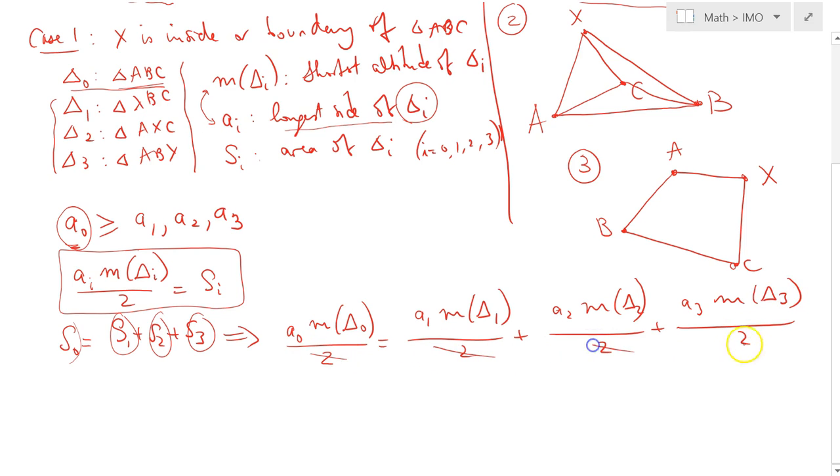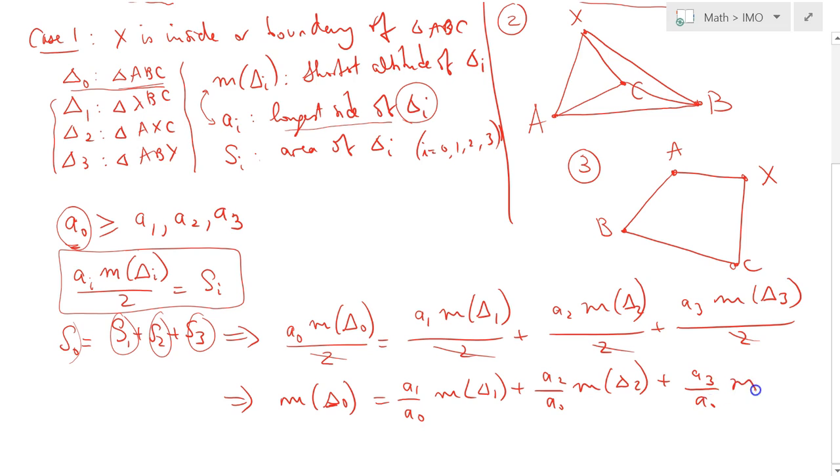Now the 2's will cancel out, and dividing across by A sub 0 we would get M of delta 0 is equal to A sub 1 over A sub 0 M delta 1 plus A sub 2 over A sub 0 M of delta 2 plus A sub 3 over A sub 0 M of delta 3.